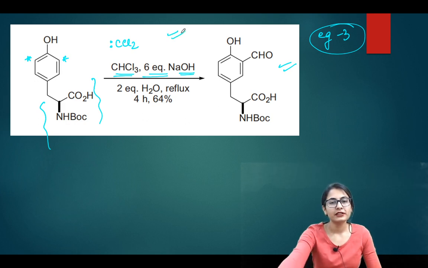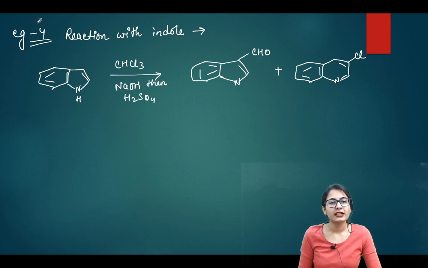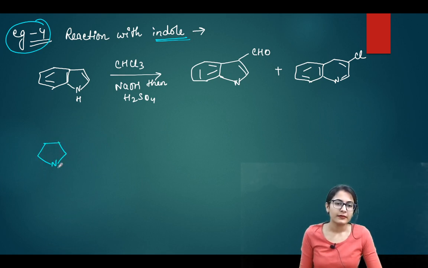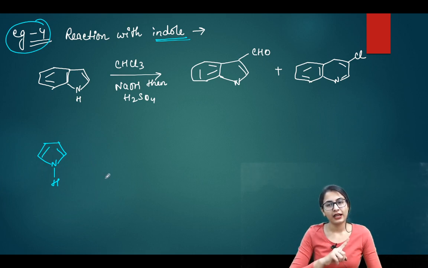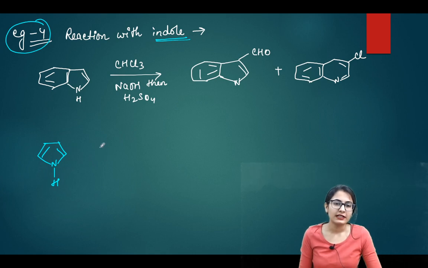Further, if we see a similar reaction on indole, or on pyrrole, it is going to be a little bit different from what we have seen in the case of thiophene. How is that different? Because this is going to give you ring expansion also.